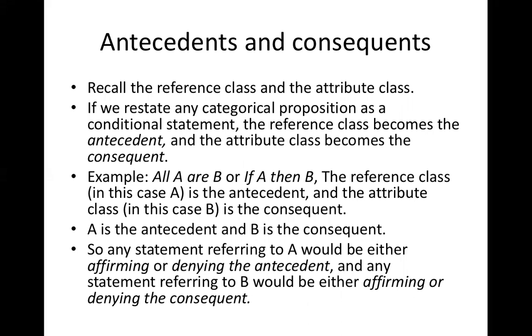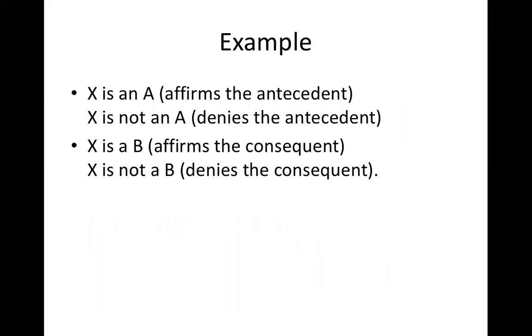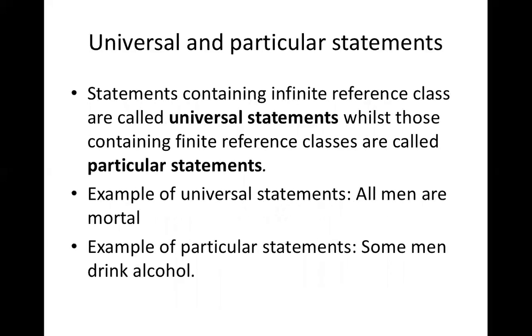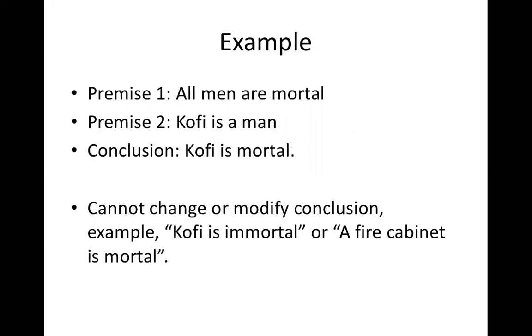So you remember that premise two says something about premise one. Now let me take you back. I was telling you that premise two says something about premise one, and that premise two is like a servant who is serving a master. The master is premise one, the servant is premise two.